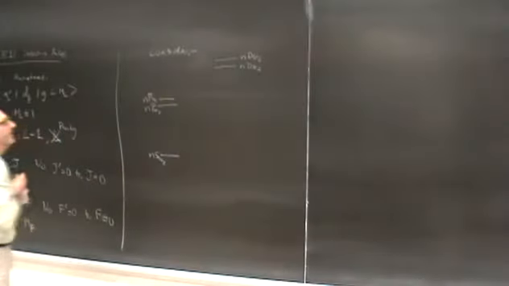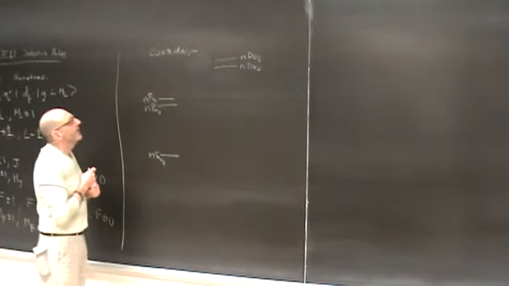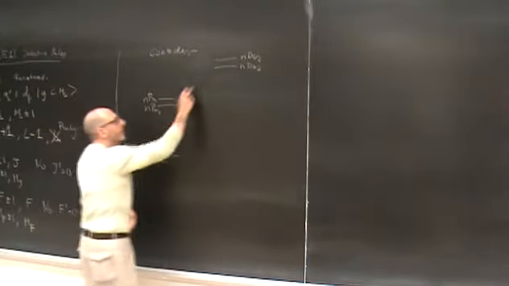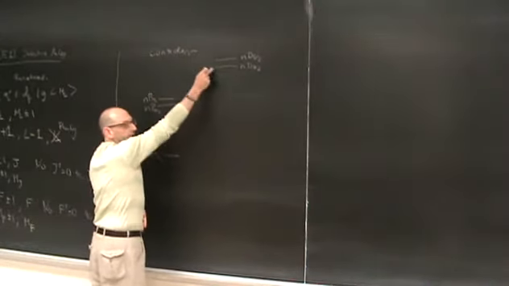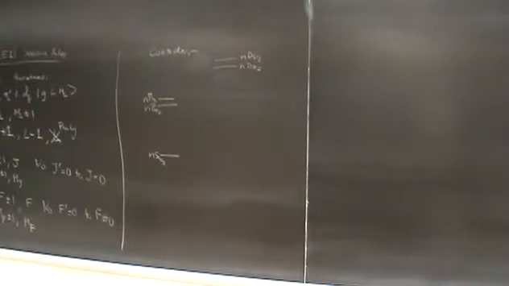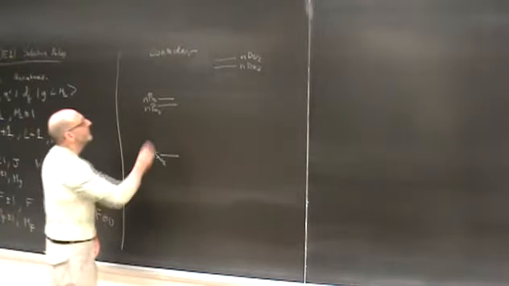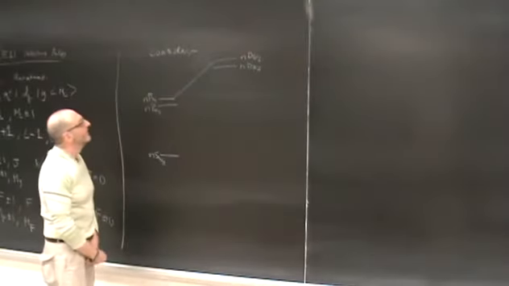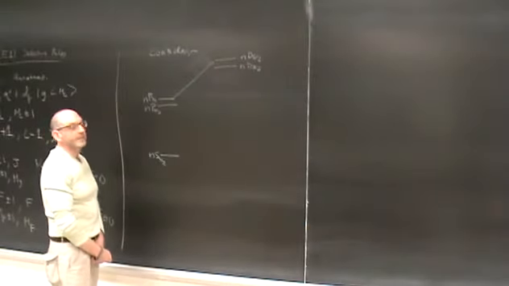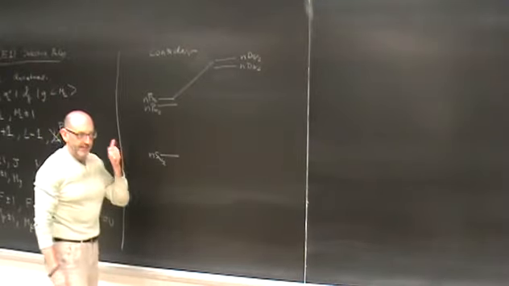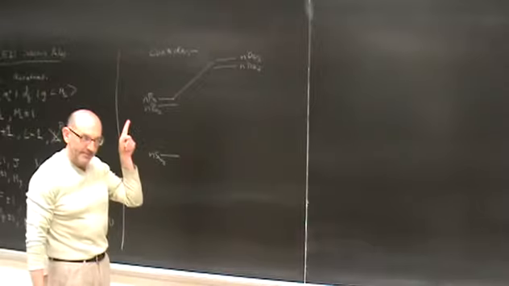Okay? So, question. If I drive with a laser between these two, which are allowed transitions? P3 halves to P1 half, 5 halves. So this is allowed. To 5 halves? Why not? So what are the selection rules? Yeah. Delta L can be 1, that's cool.